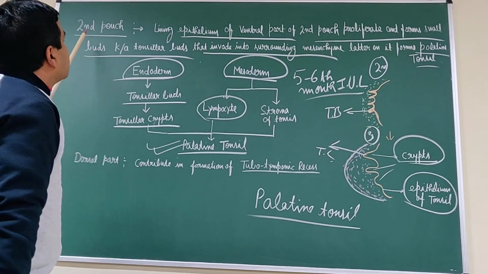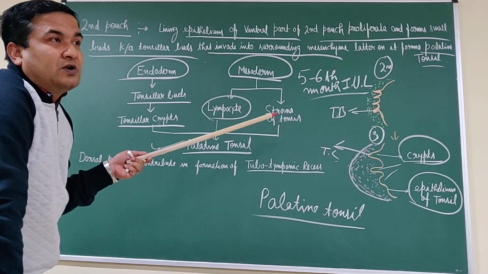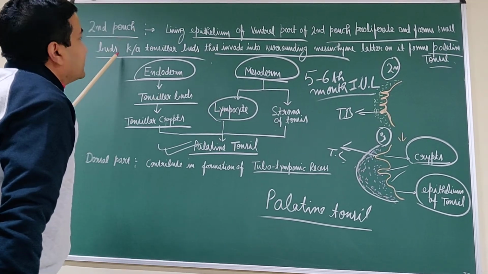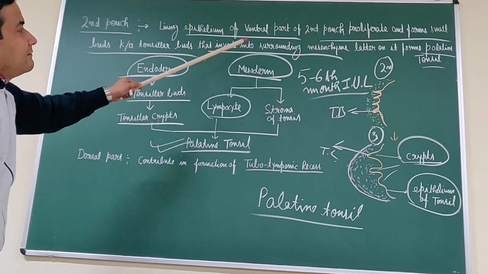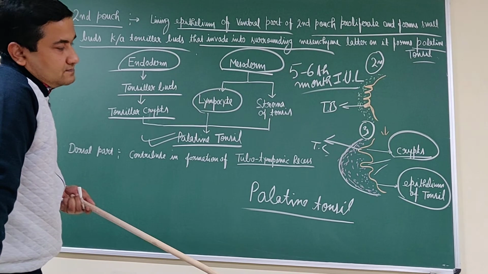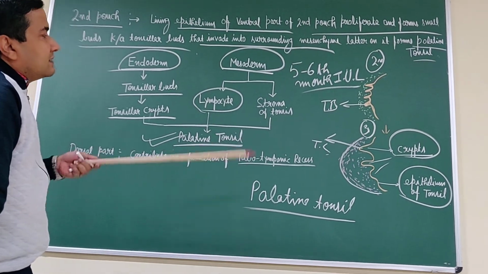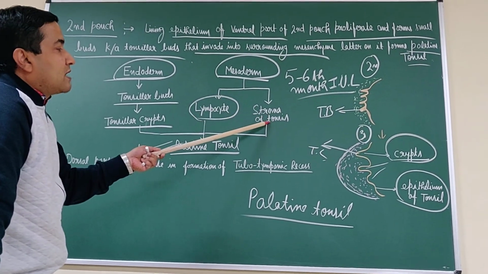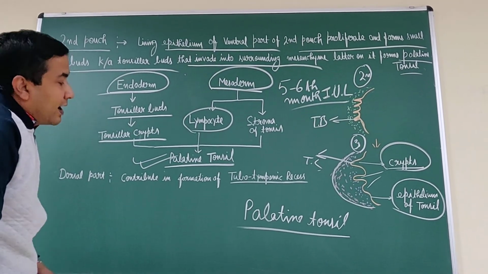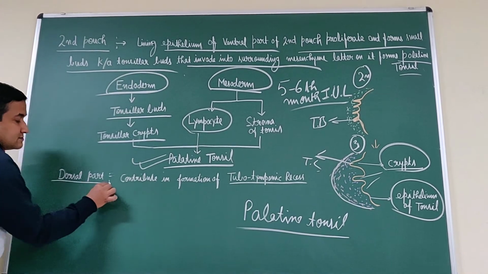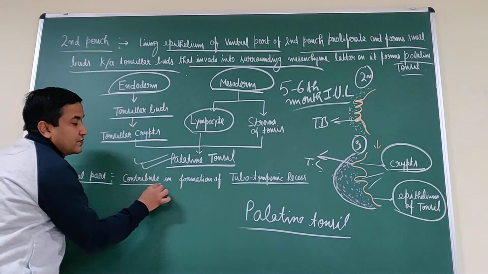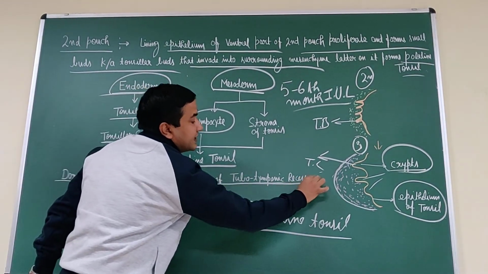So, if it is asked how the palatine tonsil is formed: the palatine tonsil is endodermal in origin. It is formed from the ventral part of the second pharyngeal pouch, and its lymphocytes and stroma are derived from the mesoderm, while the dorsal part of this second pouch contributes to the formation of the tubotympanic recess.